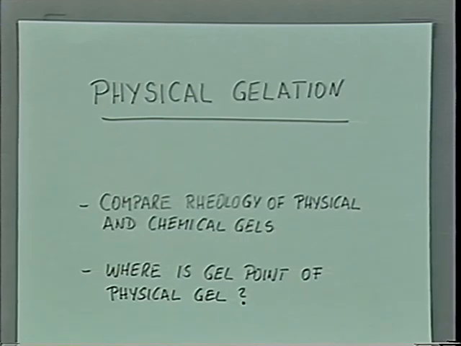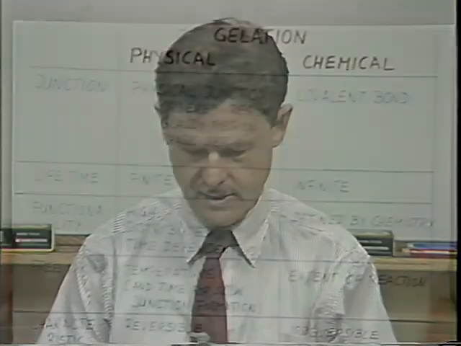A solution test is not applicable. Therefore, it is very convenient to have a mechanical test, as we are having a rheological test, to find the gel point of those physical gels. So that's an interesting application we will be looking at. Let's look at a few features of the physical gels as compared to the chemical gels.